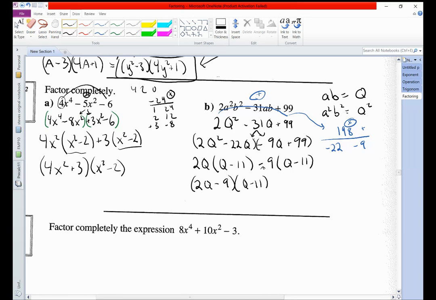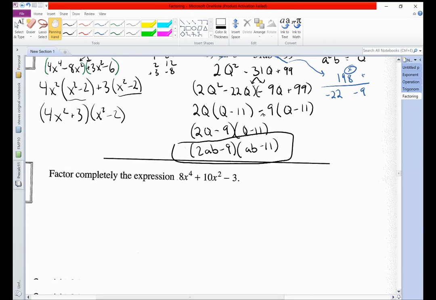Those are our two factors, and we have to sub in AB into both of those because we know Q is equal to AB, so our real answer is going to be 2AB minus 9 and AB minus 11. And that's the answer right there.